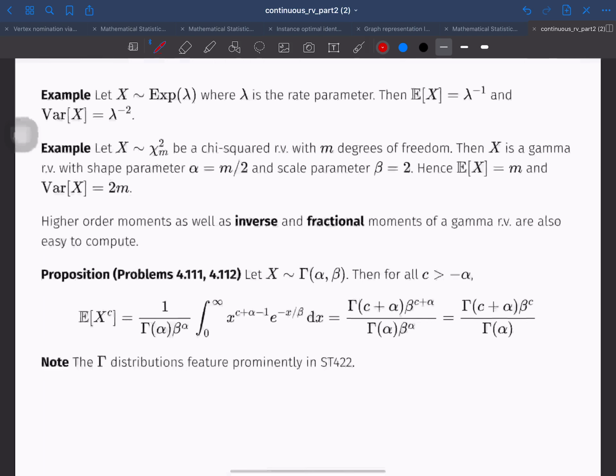So a few examples. If you have x be exponential of lambda, where lambda is a rate parameter, then the mean is 1 over lambda, and the variance is 1 over lambda squared.